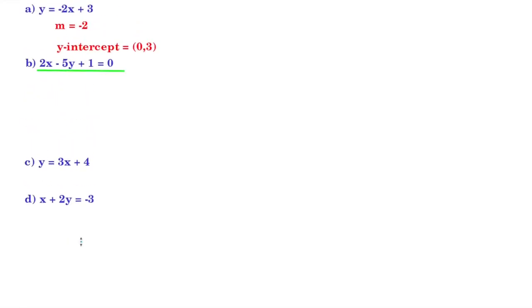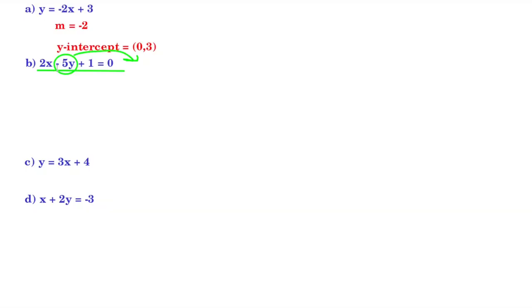By making y the subject. How do we make y the subject in this one? Since we have a minus 5y here, we need to transpose this number to the other side of the equation.